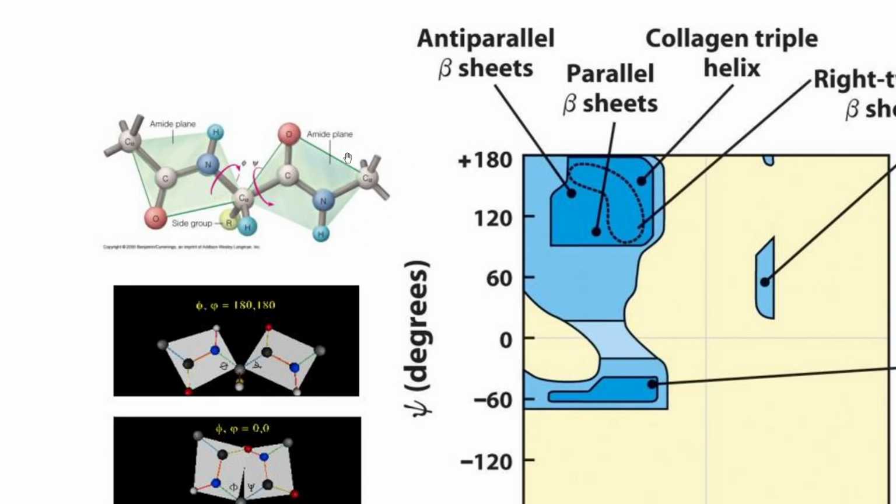This C alpha is from amino acid 3, suppose. This C alpha is amino acid 2, attached to N and CO here. And this one is suppose amino acid 1.